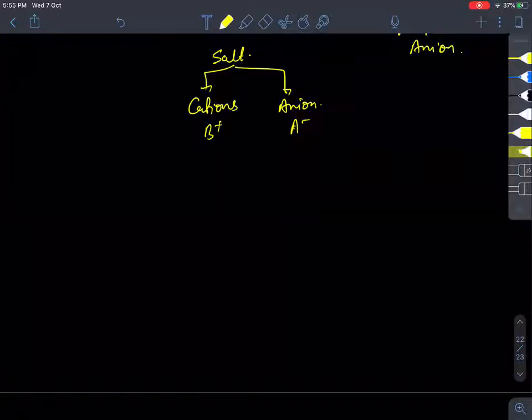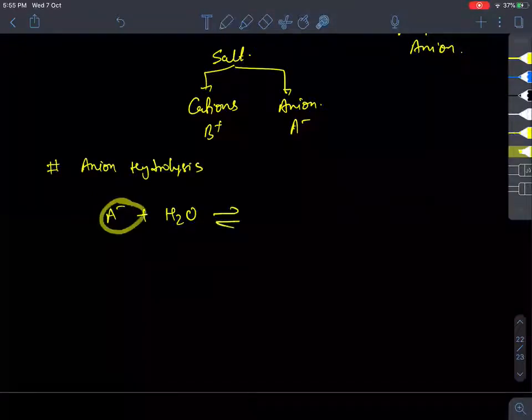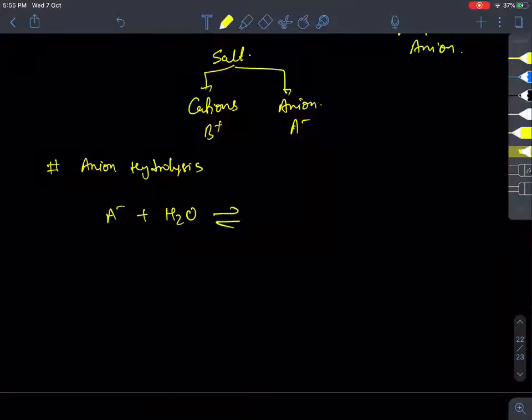So essentially, the hydrolysis, if you are talking about individually, then it will be either anion hydrolysis, like A- will be hydrolyzing water. Now you tell me, if it is A-, definitely what it will be seeking? H+. So it will form HA plus OH-. So what will be the value here? So here the equilibrium constant is named differently.